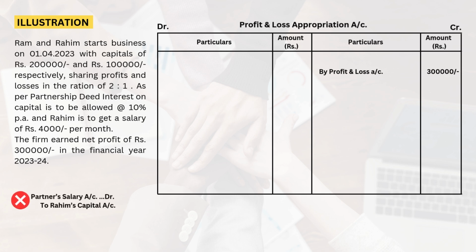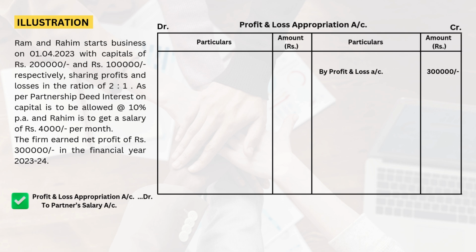Second entry was partner's salary account debit to Rahim's capital account. There is no sign of profit and loss appropriation account in this entry, so it will not be posted into profit and loss appropriation account. Third one was profit and loss appropriation account debit to partner's salary account.